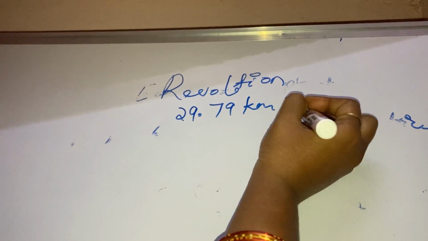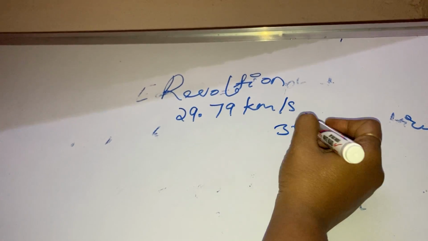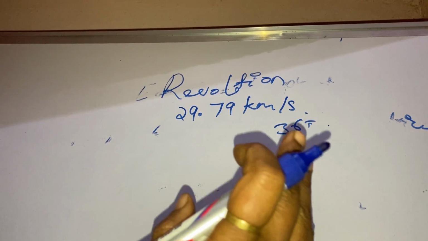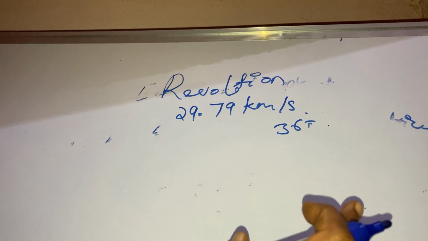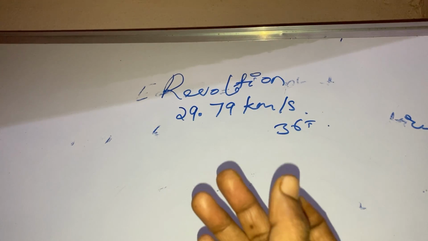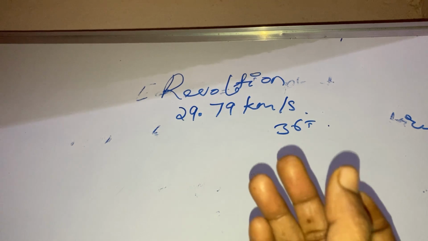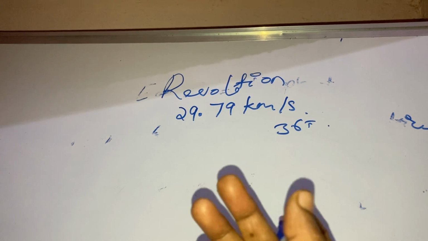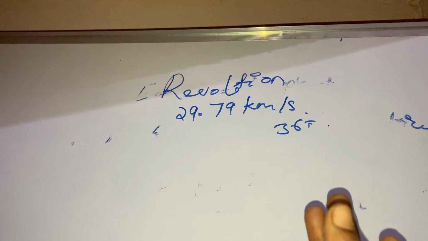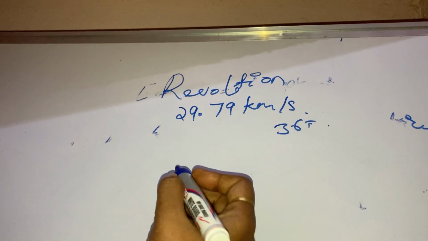It takes 365 days, 5 hours, 48 minutes and 45.51 seconds to complete. So every fourth year we get an extra day, which we call a leap year or leap day.